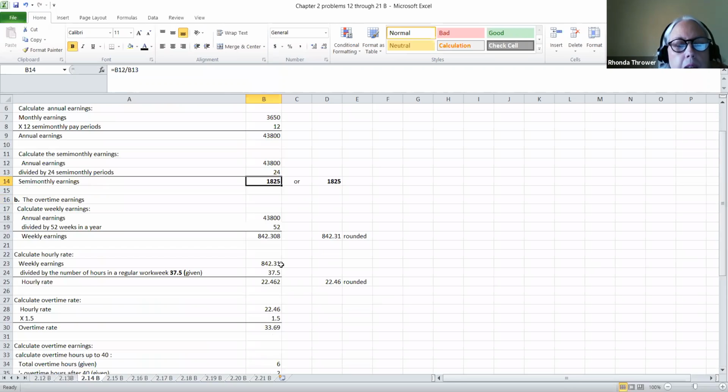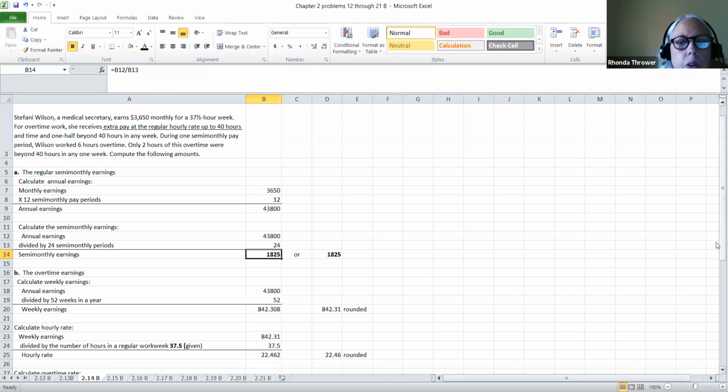So I'm going to divide the weekly earnings by 37 and a half hours, which are her regular working hours, to get the regular rate. This regular rate is then rounded, and then to find the overtime rate, we would multiply the regular rate by 1.5 times. That will give you the overtime rate.